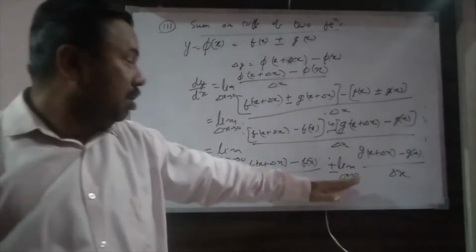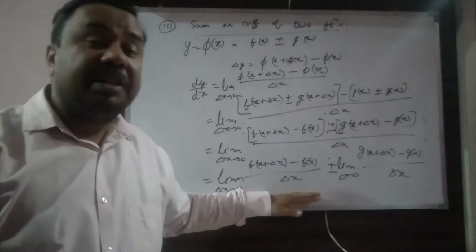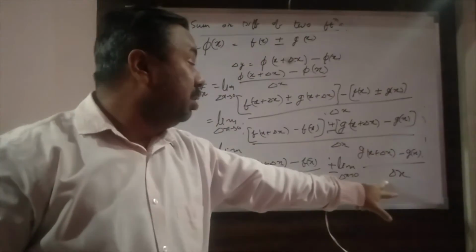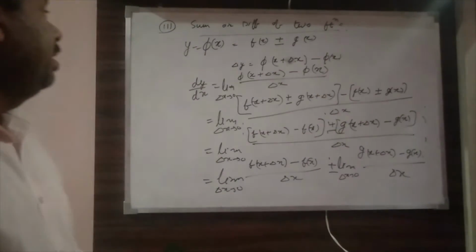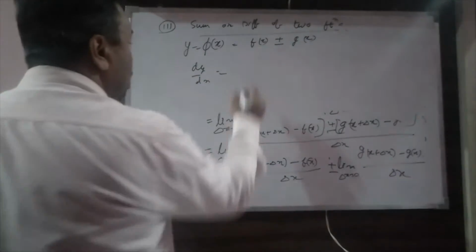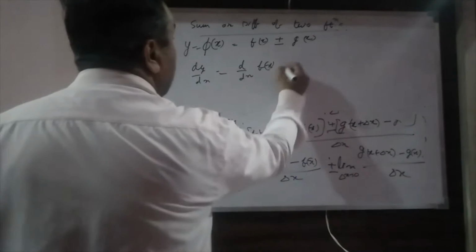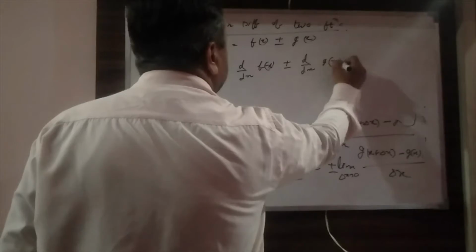Now you see, what is this? This is just f'(x), the differentiation of f(x), and this is the differentiation of g(x). So I can write dy/dx = d/dx of f(x) plus or minus d/dx of g(x).